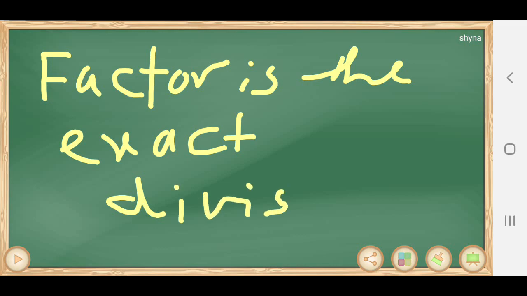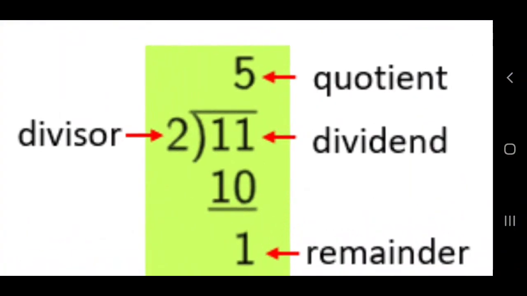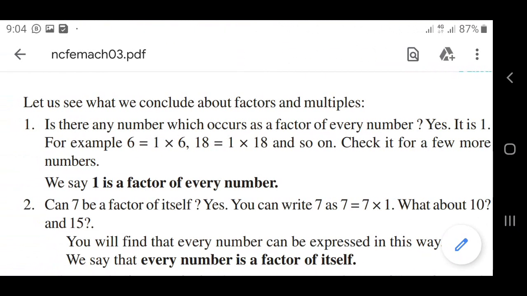Factor is the exact divisor. You understood, children? Factor is the exact divisor. Okay. I think that you understood what is the factor. You clear the idea?